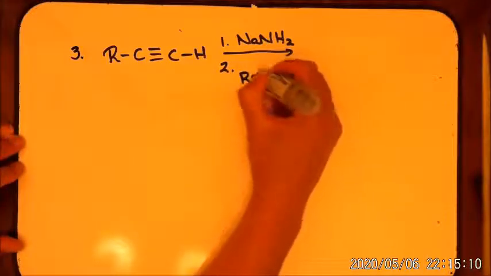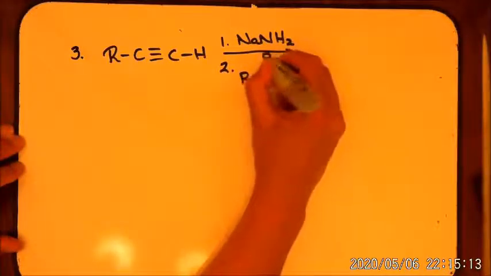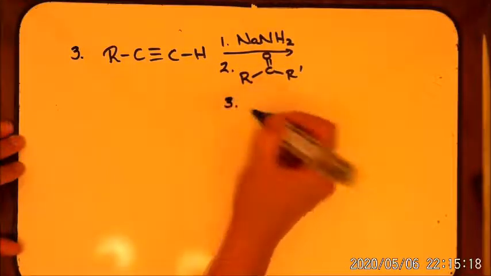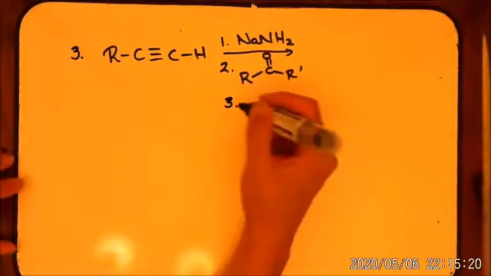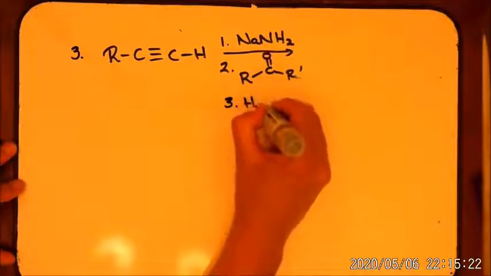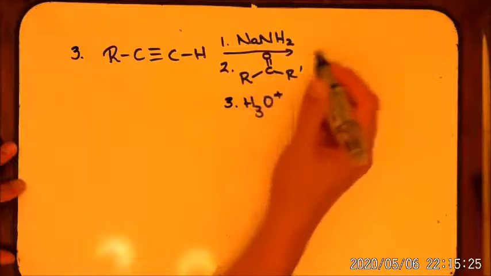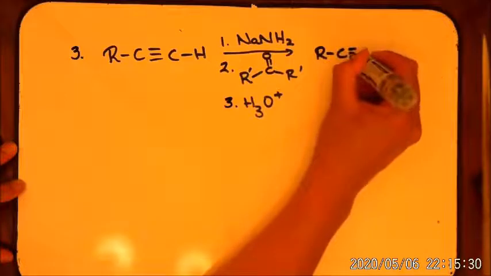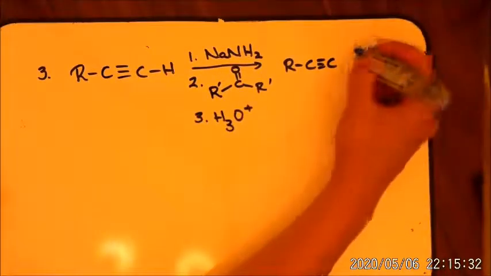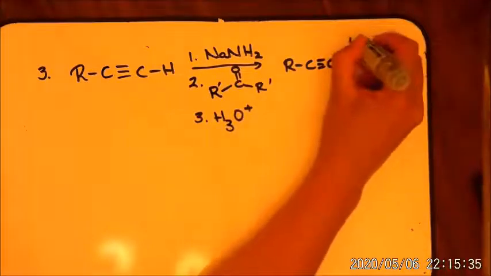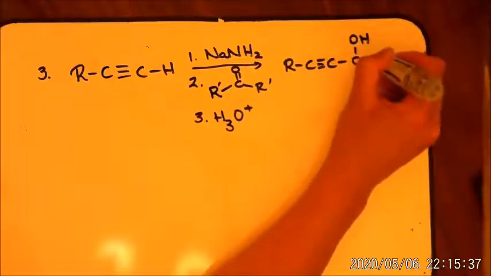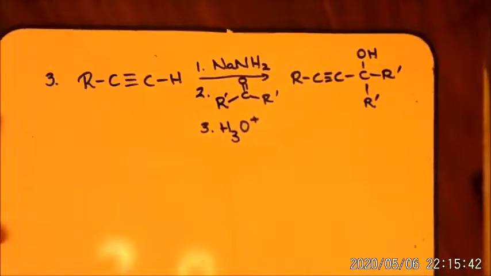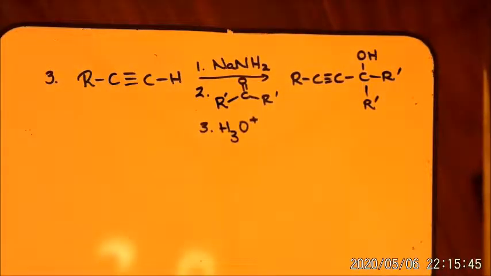It can be an aldehyde, it can be a ketone, it can even be an ester. We'll talk about that in a moment. Okay. And the third one, we're going to protonate. Okay. And what you get is an ynol, an alkyne with alcohol. Okay, so those are the ways we make alkynes.